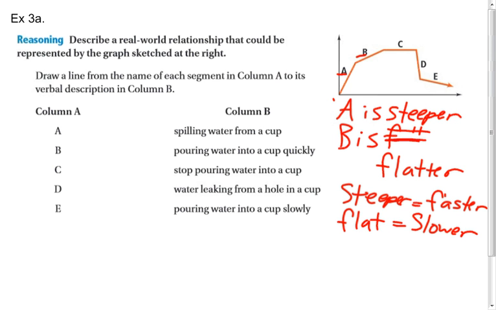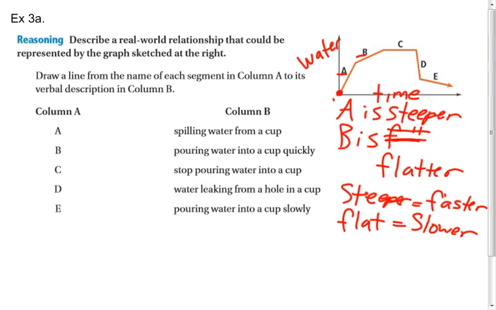So what we're really looking at in this problem is time and the amount of water that's in my cup. So my cup starts with 0 water in it. And for segment A, it's going up. Now, is it going up fast or is it going up slow? Well, A is steeper, and we said that steep means faster.